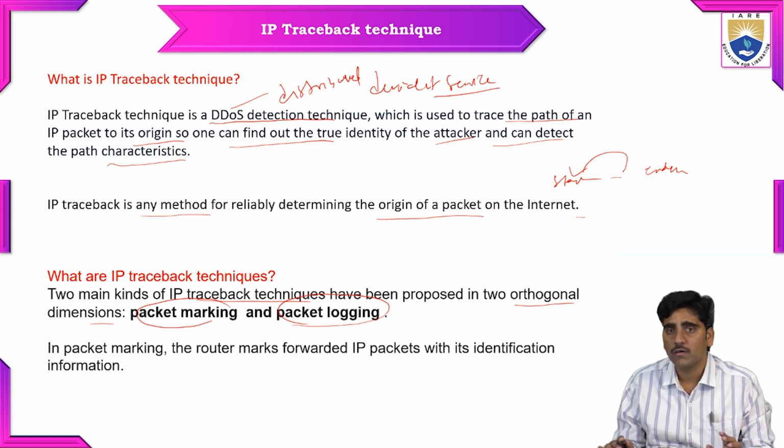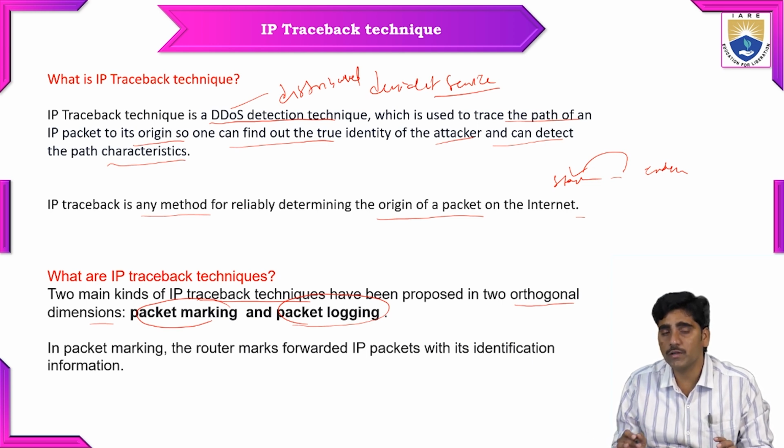That means whenever the packet is transmitted from source to destination, it has to move through different locations, different hosts, different stations or different points. At each and every place the packet is marked.